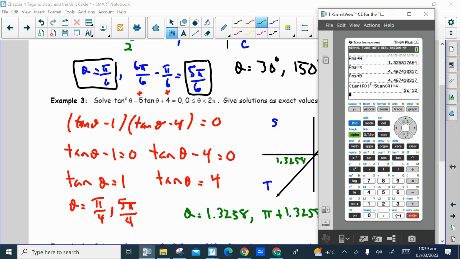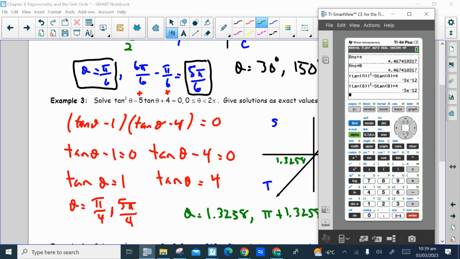To check the third quadrant answer, which I put into memory slot B, I can just change all these A's to B. And you get the same answer, which is essentially 0. So we check those ones.